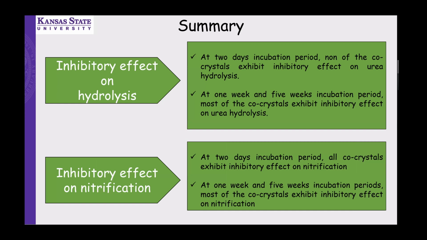Essentially all the different co-crystals of urea substantially slow down the nitrification process, which means that the window of opportunity for the plant to absorb or take up nitrogen is substantially widened. And this potentially could lead us to far superior ways of managing that whole nitrogen cycle.